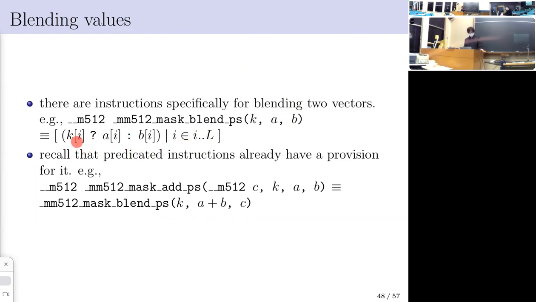If the corresponding bit is 1, then it takes a value from, maybe I'm wrong, this may be B. So this is the value taken for unset bits, and this is the value taken for set bits. Probably, I think that is the case. So this slide is wrong. You can check it later.